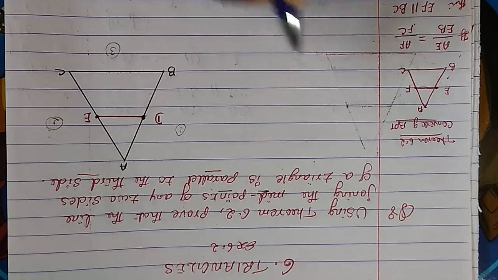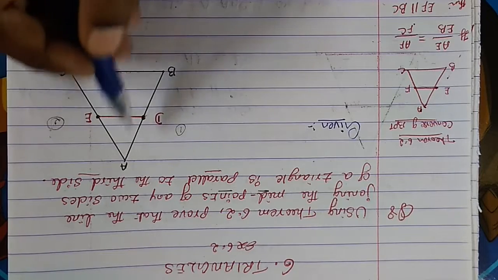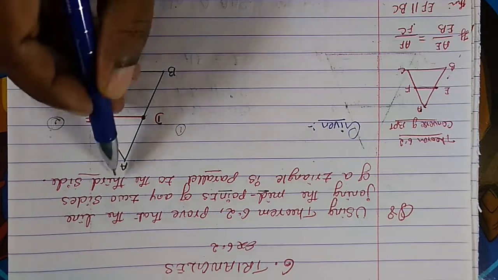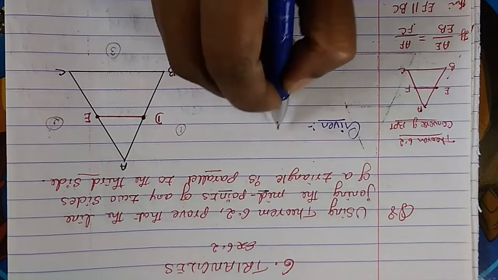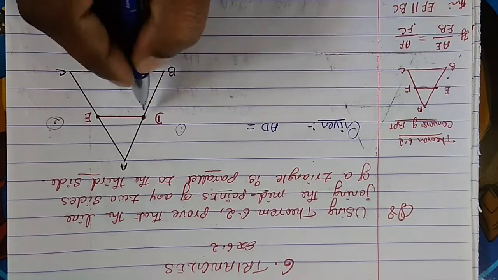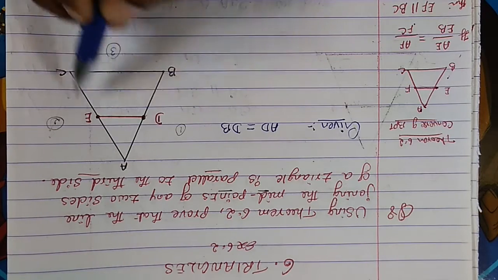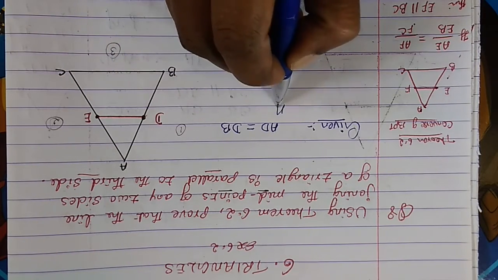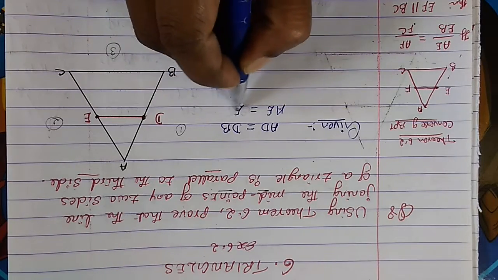So what is given to us? It is the midpoints. If D is the midpoint of this side, AD will be equal to DB. And E is the midpoint of the other side, so AE will be equal to EC.